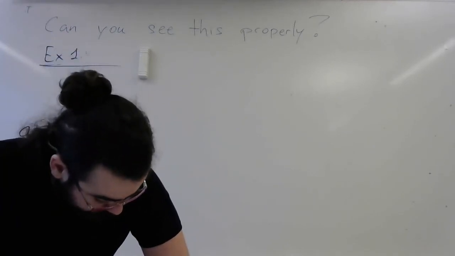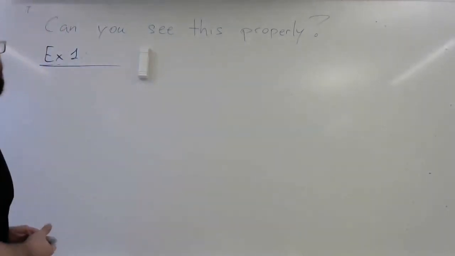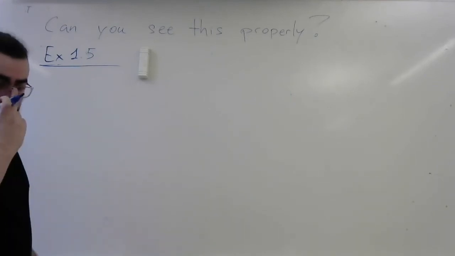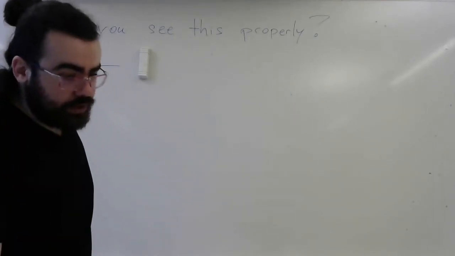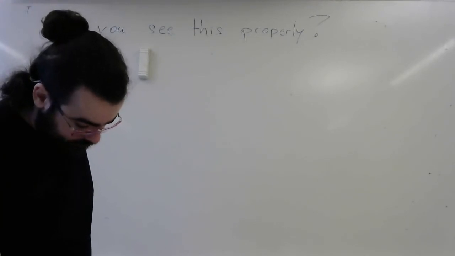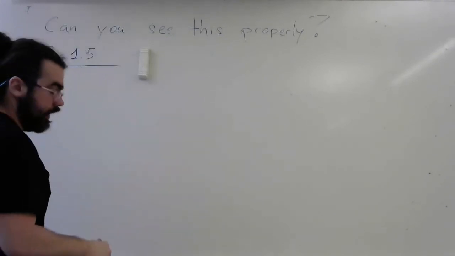Now, okay, I'm going to show you now one of the exercises from part 1.5. And the idea here is to use the formal definition of limit to solve this. So I'm going to pick up a small example, number 11.